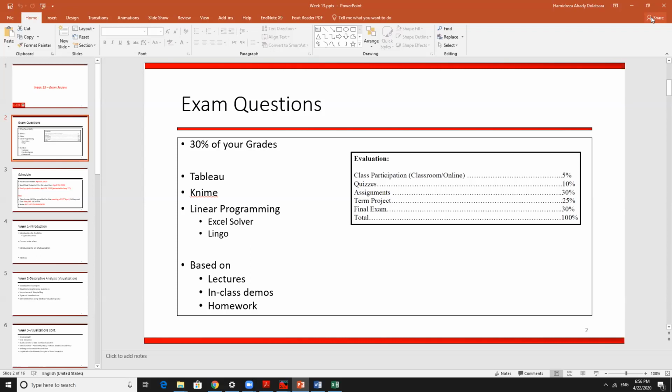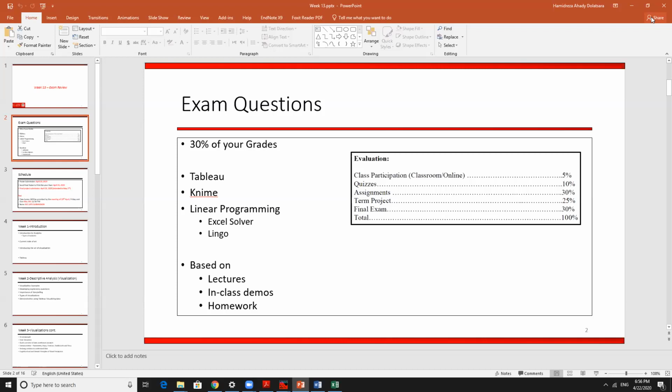So this 30% basically is a take home. I just evaluate your technical skills. Like, I want to see if you remember how to work with Tableau, KNIME, and linear programming. For linear programming, you can do either Lingo or Excel Solver, both are fine.